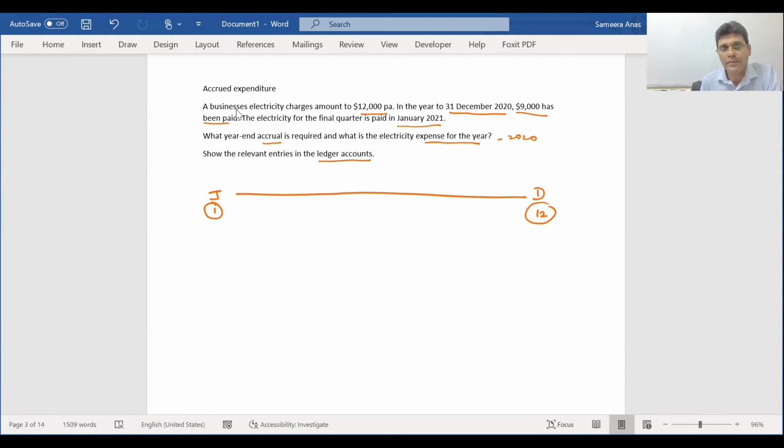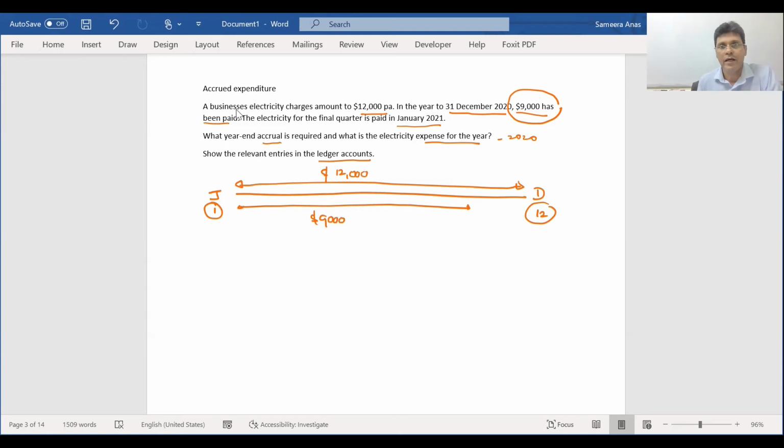The total expense for this financial period is how much? $12,000. But how much has been paid? The business has paid only $9,000. And the last quarter has not been paid.